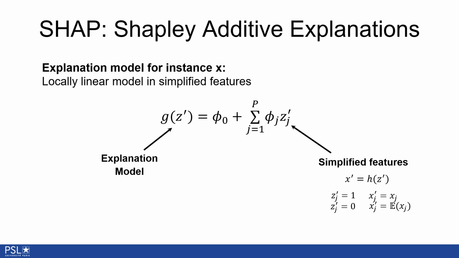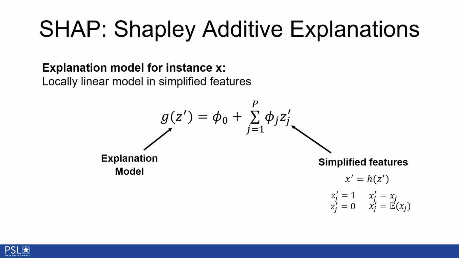These simplified features are defined in such a way that if zj' is 1, then the original feature xj' is equal to its value in instance X that we are explaining. If zj' is 0, then the original feature xj' is equal to the average of xj over the dataset.